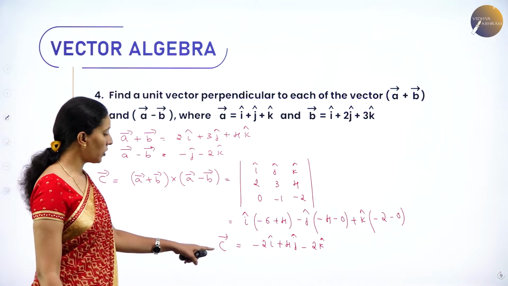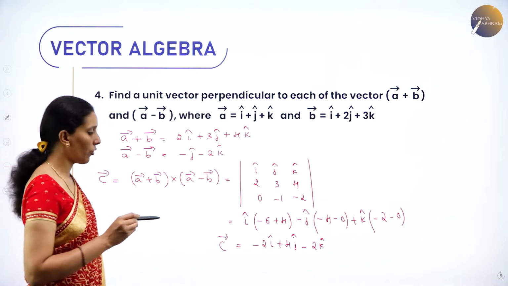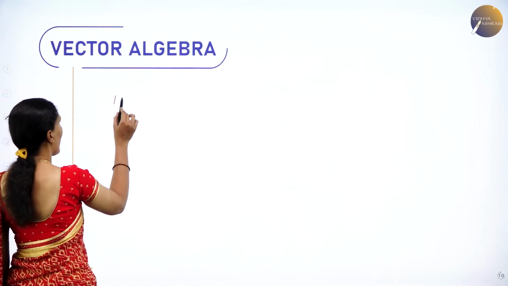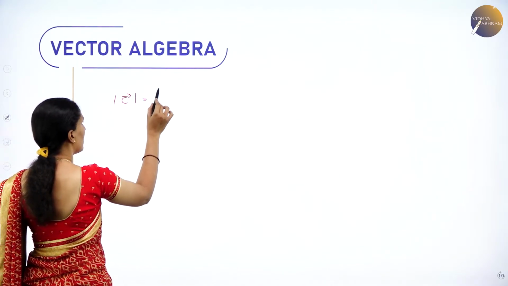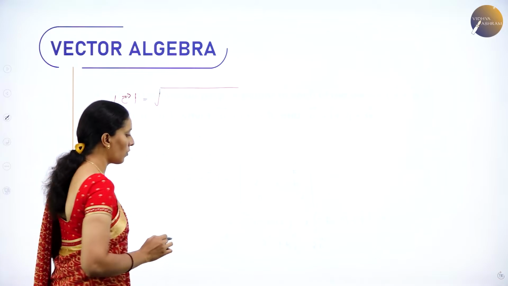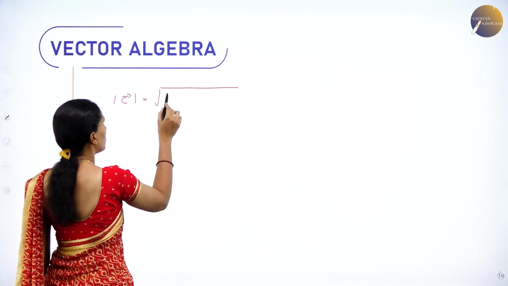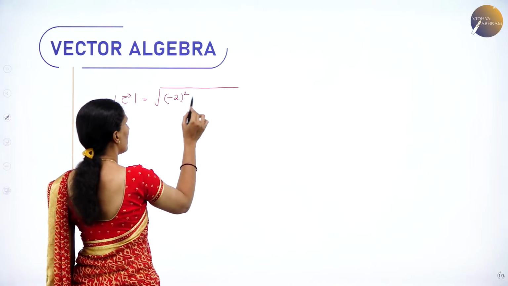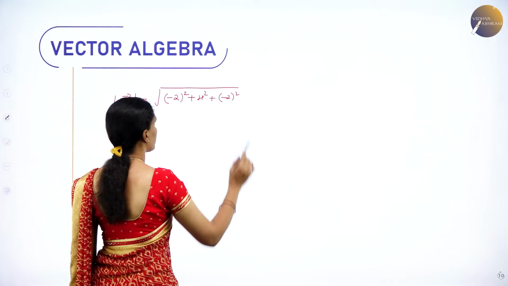Now we need to find C cap, which is a unit vector. For that we need the magnitude of C also. So the magnitude of C is nothing but the square root of, what are the components we have? Minus 2, 4 and minus 2. So minus 2 whole square plus 4 square plus minus 2 whole square.